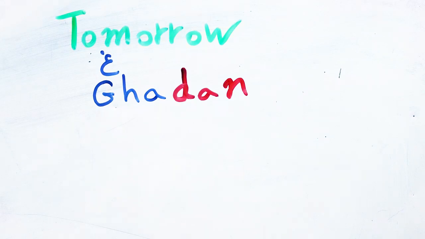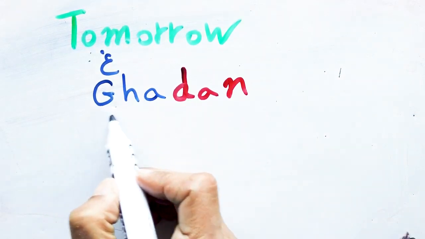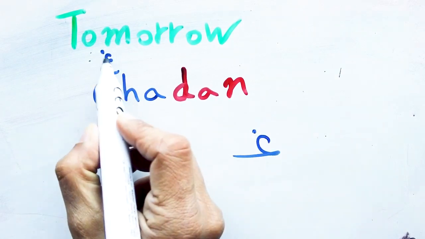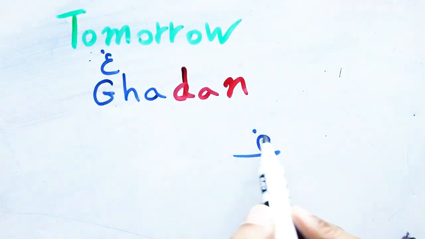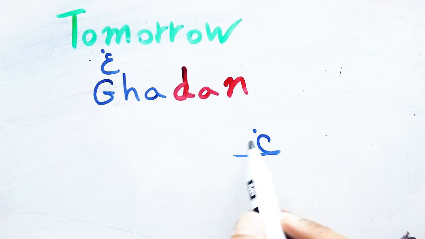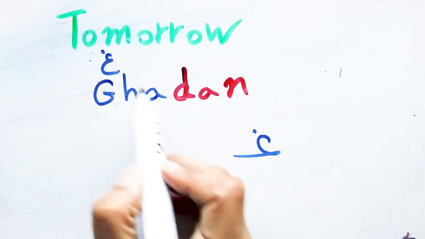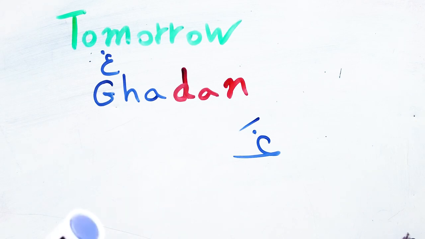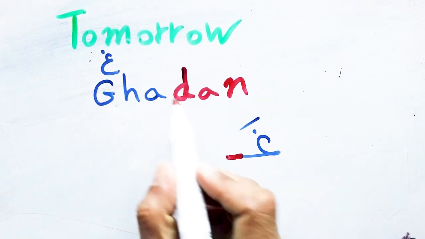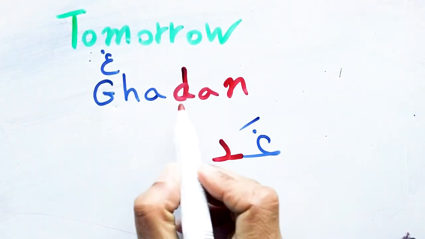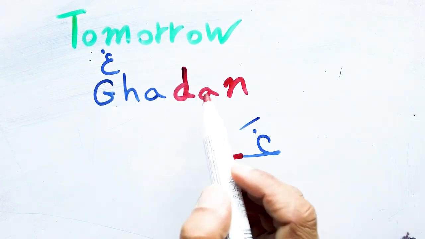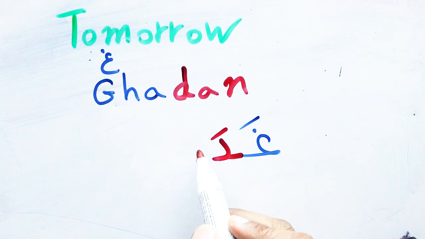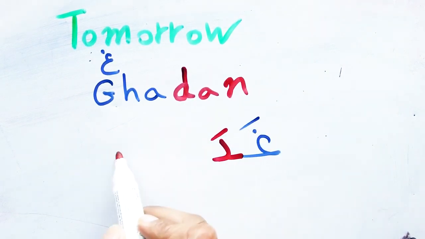Let's write it in Arabic. This is the same letter, okay, but in the beginning of the word it looks like this, and this a will be here. And then let's add the second part, which is this D, like this letter, and this a is fatha. Finally you have the sound of N. We're not going to write noon.